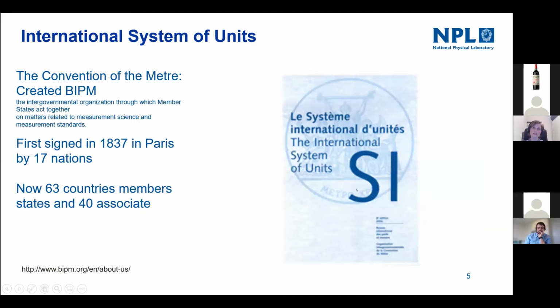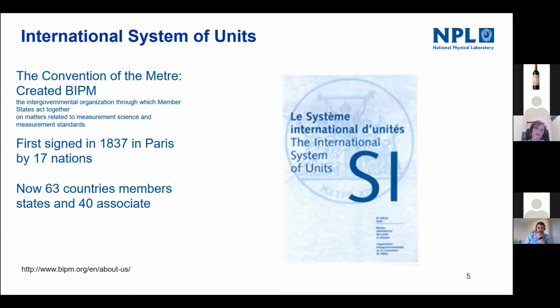So the International System of Units, the SI, as we call it, was first signed back at the end of the 19th century in Paris, and it's basically the agreement to use the Convention of the Meter.